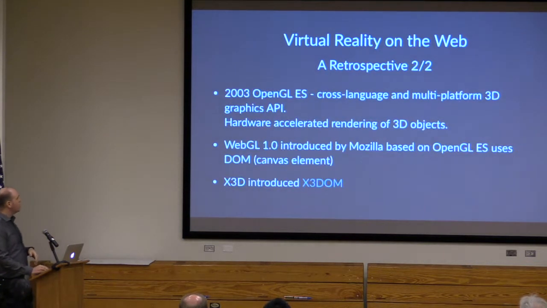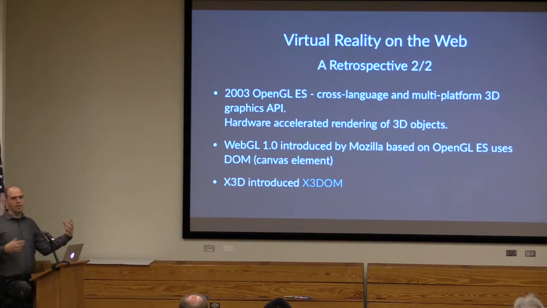And over time, we also got WebGL, which is the Web Graphics Library API, to access the graphics processor directly from the browser. So for performance reasons, the browser directly accesses your 3D engine.